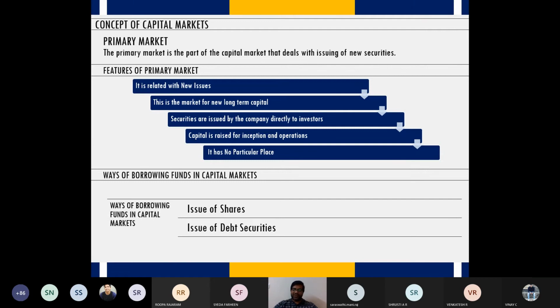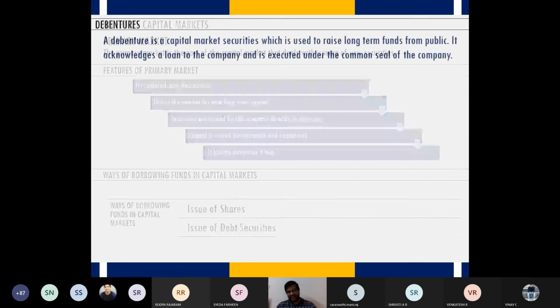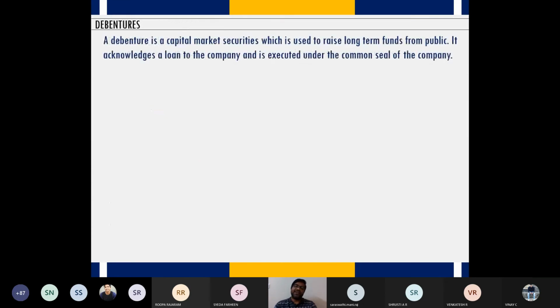These are the two ways of borrowing money in capital markets, either by issue of shares or by issue of debt securities. So this is how you borrow money from capital markets. Let's wind up today's class by having a discussion on debentures. Right now, shares are quite popular, but let's understand the mechanism of how debentures work.